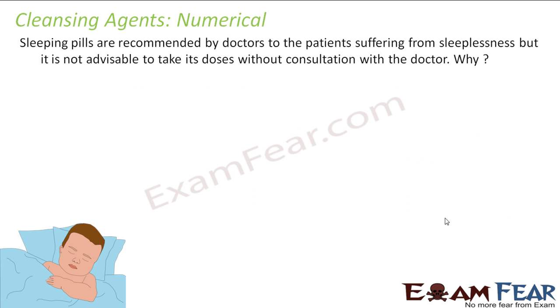Some numericals. Sleeping pills are recommended by doctors to patients suffering from sleeplessness, but it is not advisable to take them without consultation. See, the first thing is, most drugs, if you take them in a higher dose, right? Any drug in a high dose may be a poison for you, because most drugs have a killing effect inside your body.